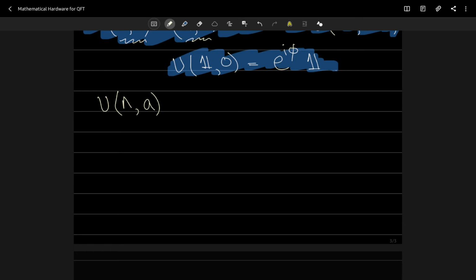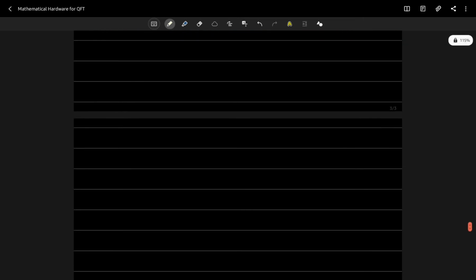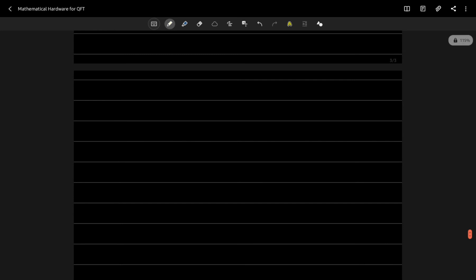So okay, now let's do something. Let's consider the time translation subgroup of the Poincare group, and that subgroup is this thing over here, where I have my lambda is equal to identity, and then I have time translation, right?